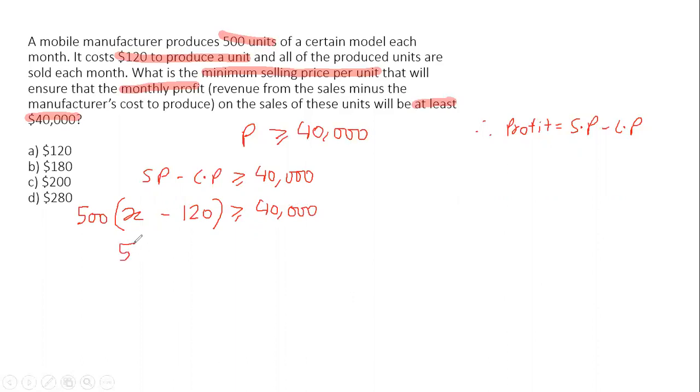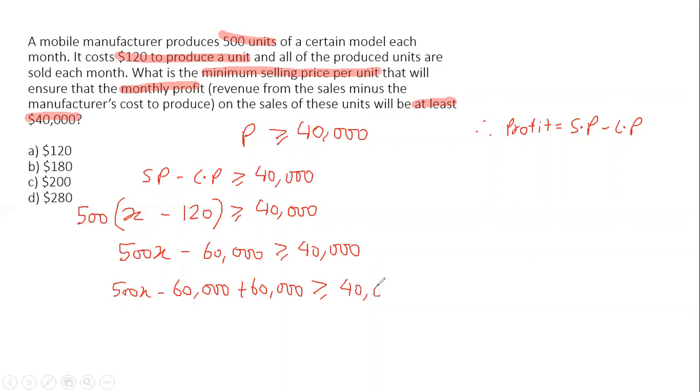So if I solve this, 500x minus 5 into 12 is 60, so that will become 60,000, greater than or equal to 40,000. So I can add 60,000 on both the sides. So 500x minus 60,000 plus 60,000, and here also I will add 60,000.